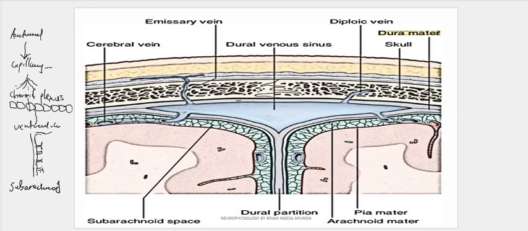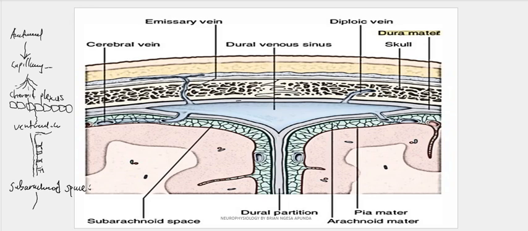Subarachnoid, let's use the word space, where you will be able to see the subarachnoid space is in close association with the dural venous sinus. Where they communicate, they normally communicate with the venous sinus by sprouting out. You won't say a vein-like, but you'll say something like a villi-like.